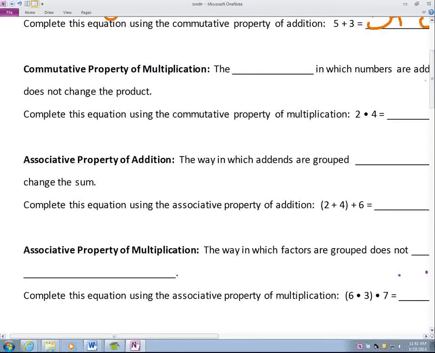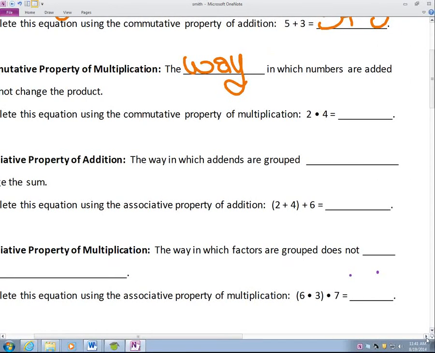However, the commutative property of multiplication: the way in which numbers are multiplied does not change the product. Now, the commutative property of addition, we did something.